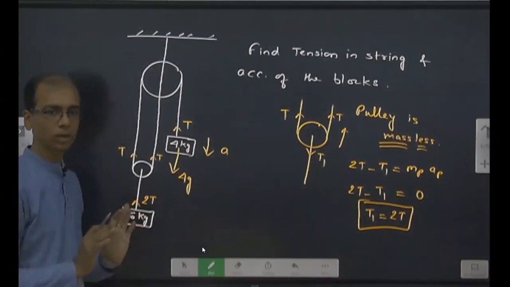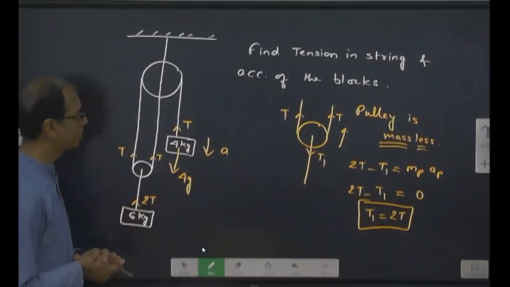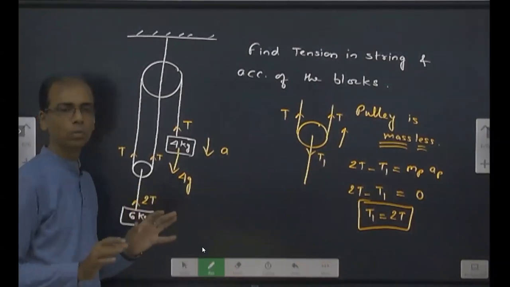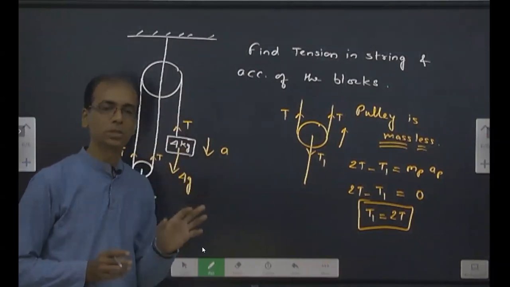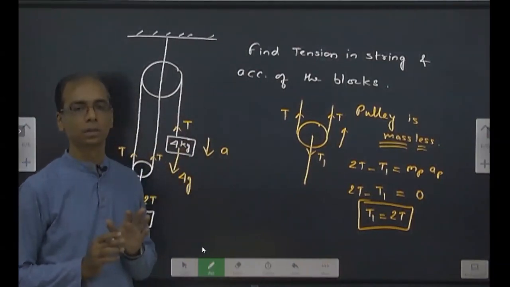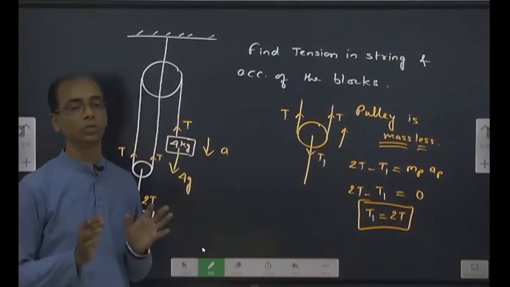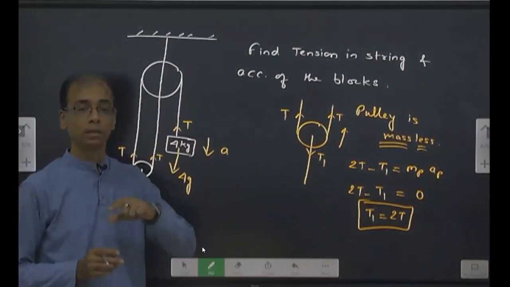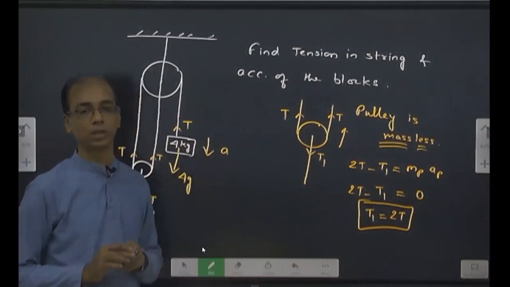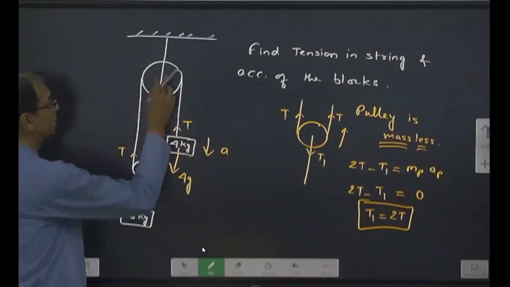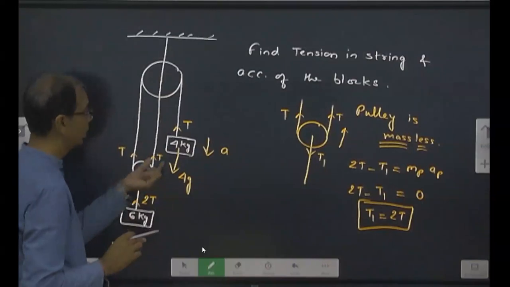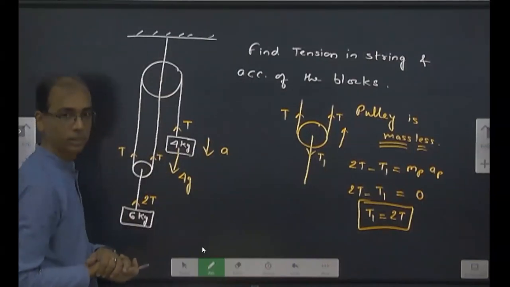So far, we got this information. Now the question is, in whatever questions we did until now, the string which is connected to two blocks, a single string used to be there, and the tension in the two blocks used to be the same, right? Here also, there is a single string connecting this pulley and this block.